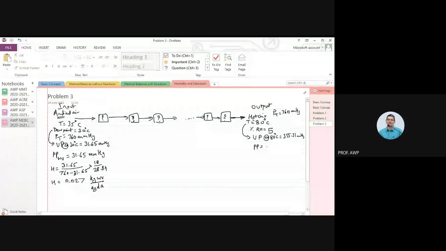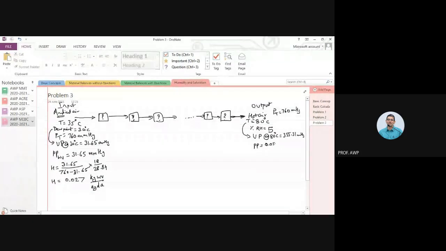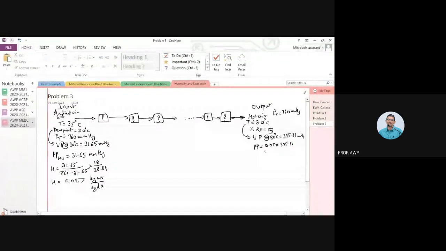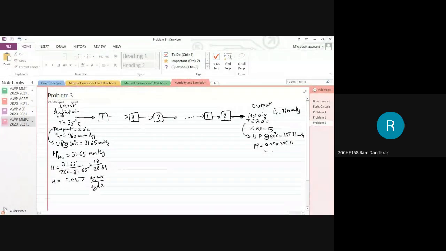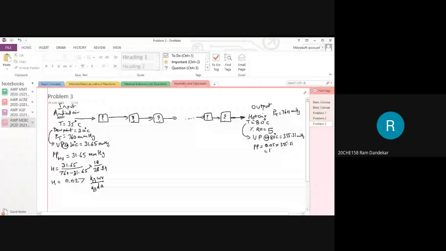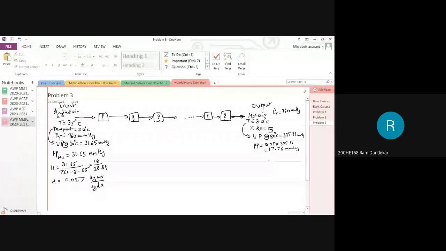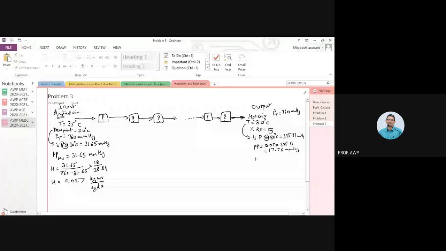So 0.05 multiplied by 355.31. What is the value? 17.76 mmHg.